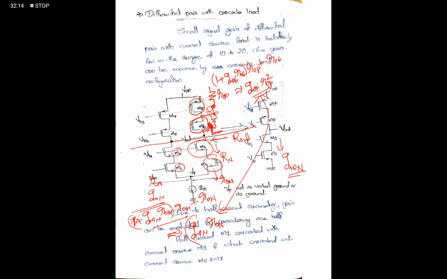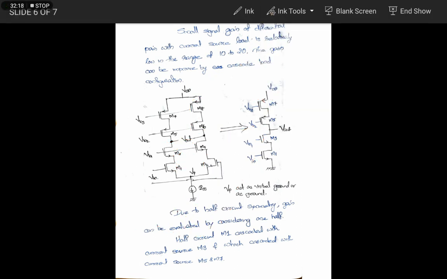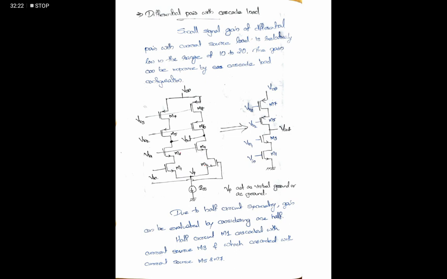For the proper operation of this differential pair, all the transistors M1, M2, M3, M4 must be in saturation region. Okay, all the transistors must be in saturation region. The saturation region condition is that the drain voltage VD must be greater than VGS minus VTH.